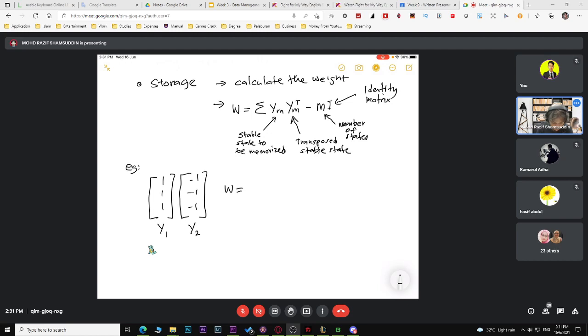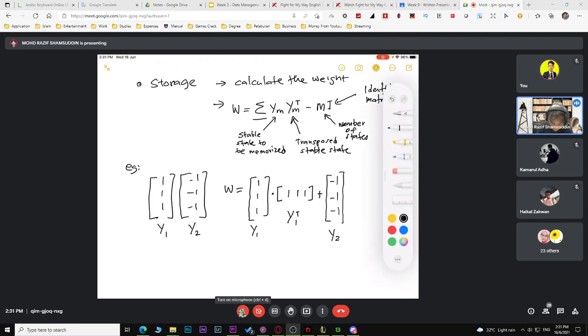W is calculated as y1 times y1 transpose, plus, because we have a summation here, y2 times y2 transpose, minus 2. Okay, I put this down here.